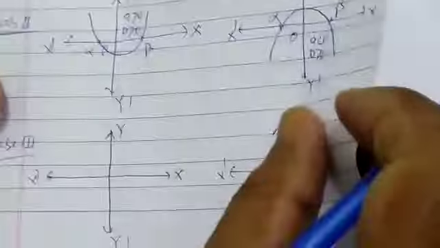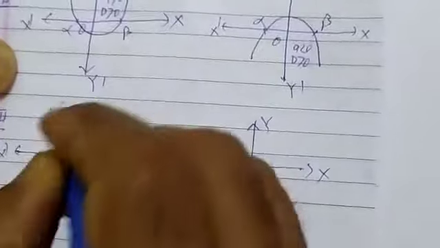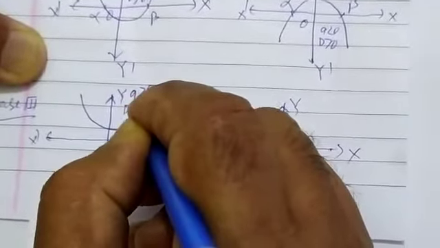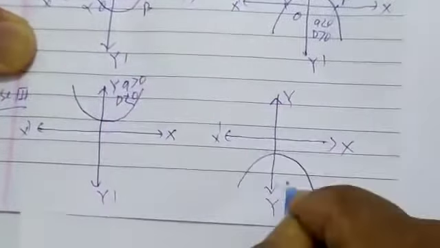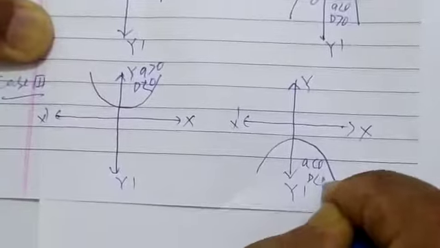Case 3, when D is less than 0. When D is less than 0, the graph will be like this. Here a is greater than 0 and D is less than 0. And here a is less than 0, D is also less than 0.